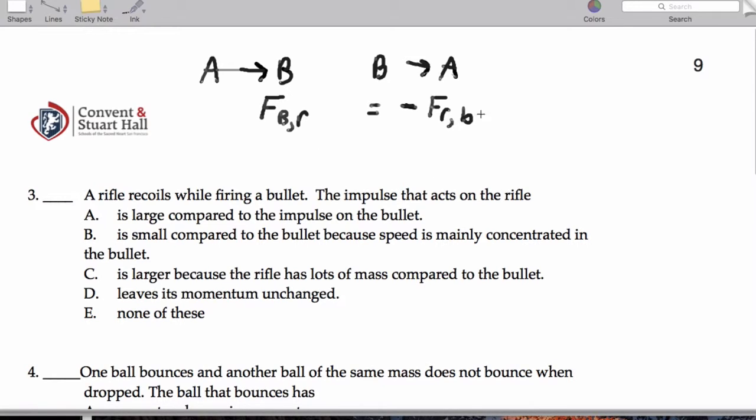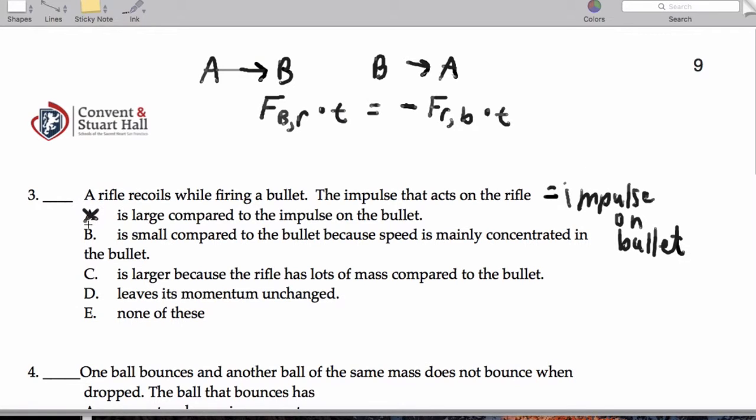Now, the definition of impulse is that you multiply force by time. So what this tells us is that when a rifle recoils from firing a bullet, the impulse that acts on the rifle should equal the impulse on the bullet. So now what we need to do is see which choice here matches that. Is large compared?